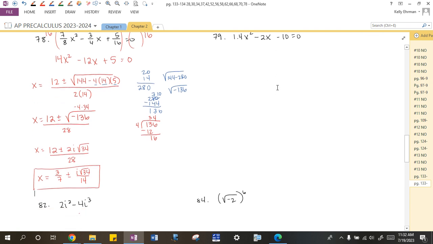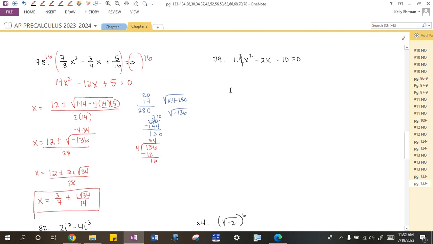79 is something similar. I don't want to have to work with decimals if I don't have to, although this one's not too bad, but I'm going to multiply both sides of this equation. If I want to get rid of a decimal, I need to multiply it by 10 to move it one place to the right. So multiply both sides of the equation by 10.